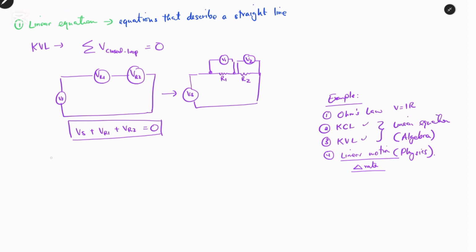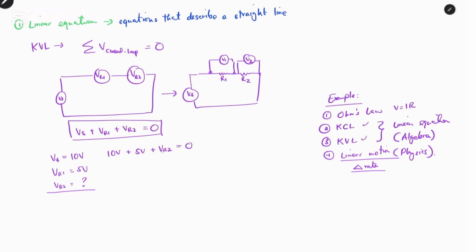Now if the voltage source is equal to 10 volts and VR1 is equal to 5 volts, VR2 is unknown, so we have to solve for VR2. By substituting these values into the equation, we can say 10 volts plus 5 volts plus VR2 is equal to 0.